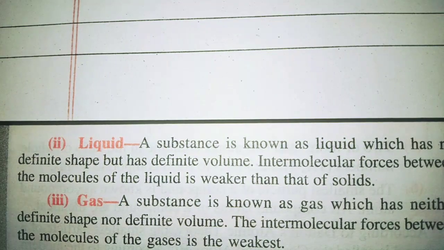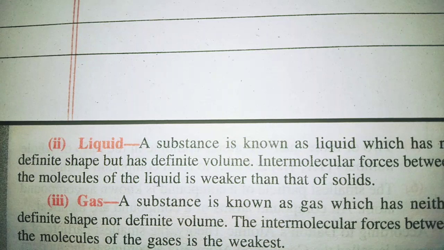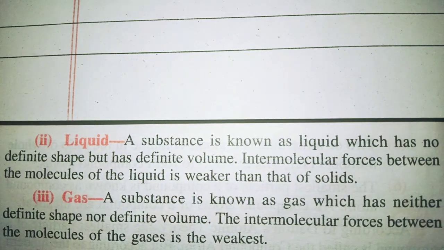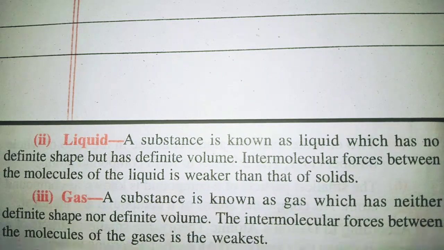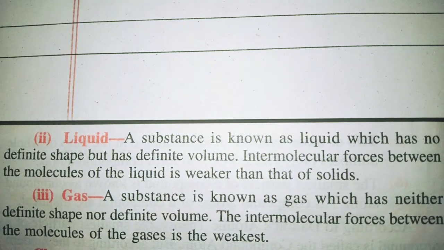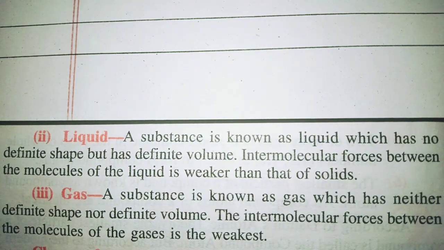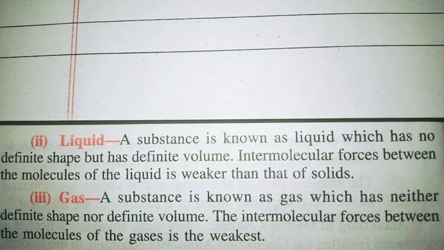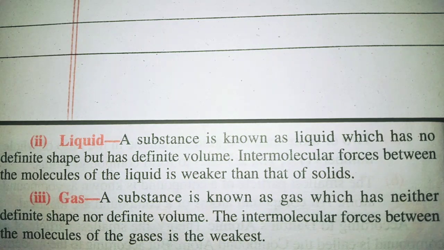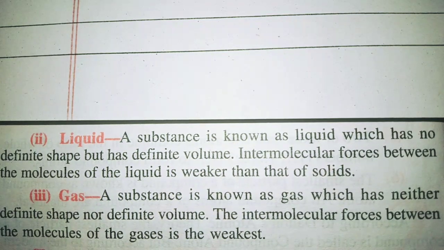And the third one is gas. A substance is known as gas which has neither definite shape nor definite volume. The intermolecular forces between the molecules of gases are the weakest.